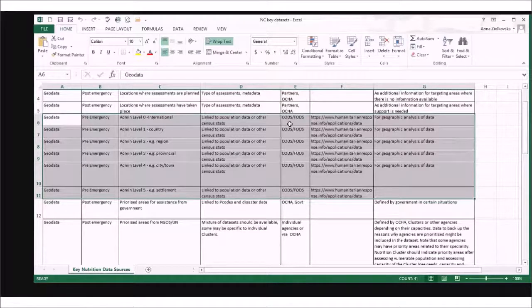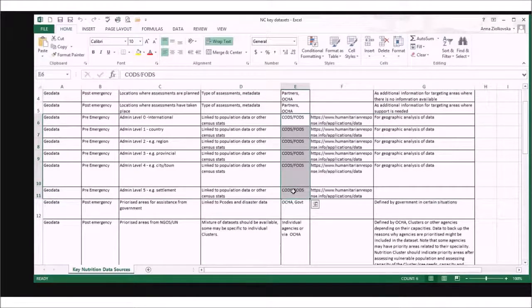Just to emphasize the importance of using the same data sets by all the humanitarian actors and all the clusters. Therefore, it's important that you all make sure that you are using the data sets from OCHA, and this is the main purpose of creating the Common Operational Datasets database.